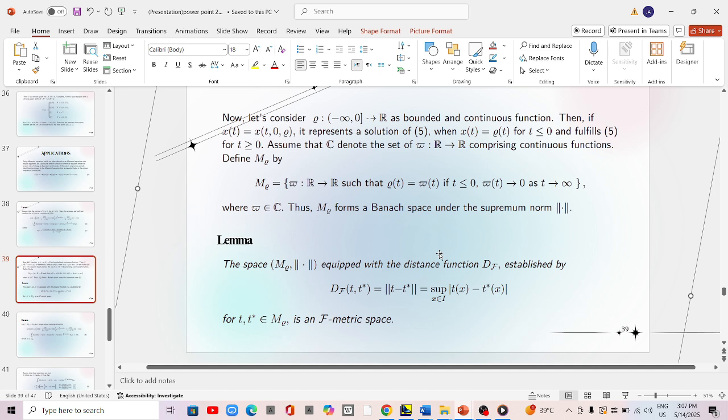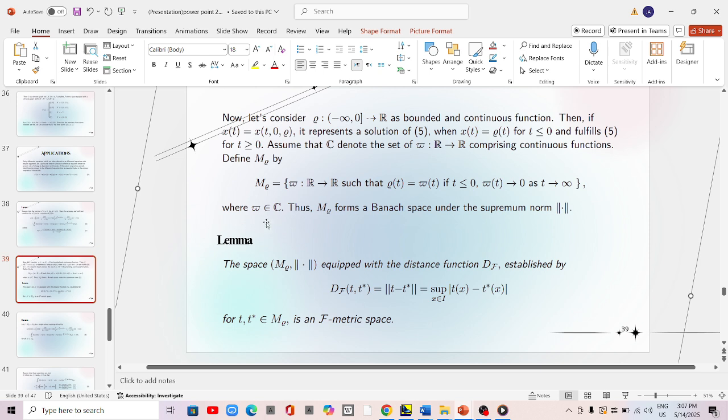So here we define M eta, which is the set of continuous and bounded functions. So M eta or ME, this is the set of the continuous functions, and those functions which are bounded.